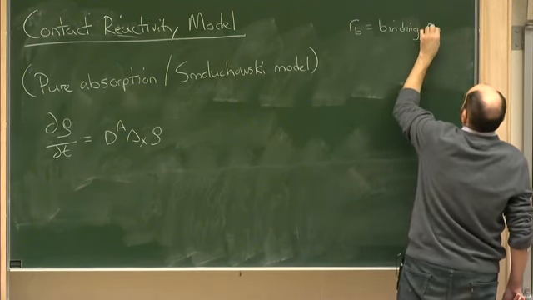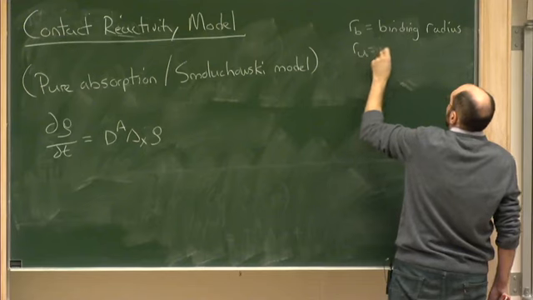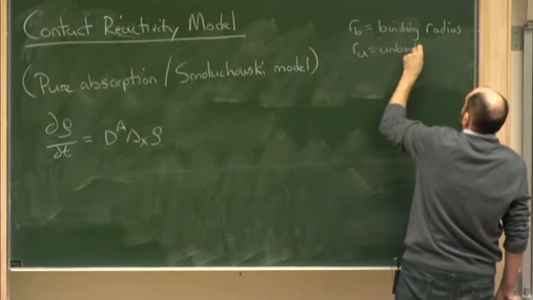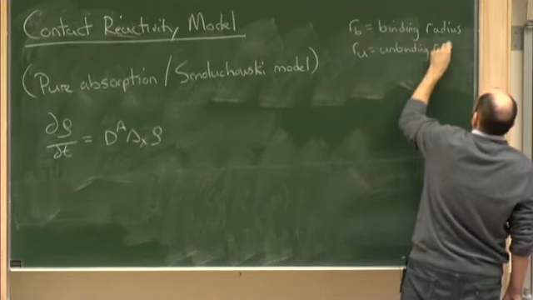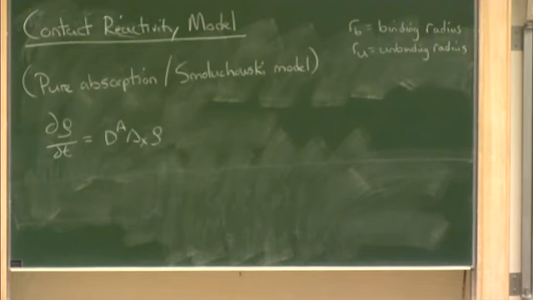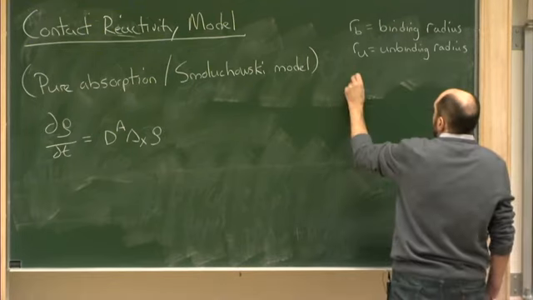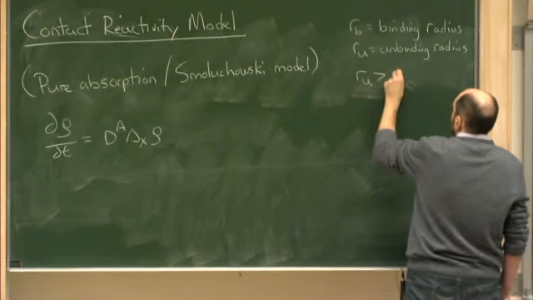Probably should have written that. So we'll let RU be the unbinding radius. And of course, our assumption is that RU is bigger than RB, right? You have to unbind outside of where you bind, otherwise you would just immediately rebind. So we're assuming RU is bigger than RB.